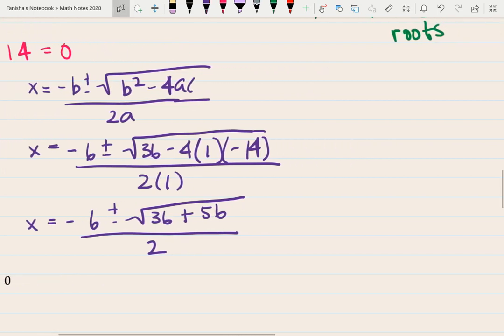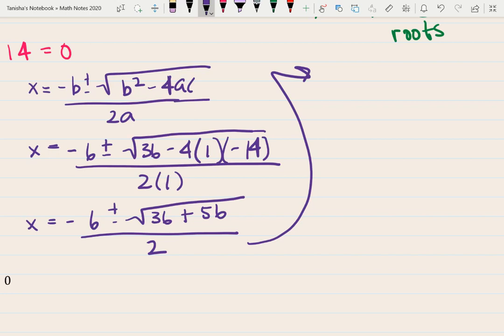And then let me move my work up here. So we have x equals -6 plus or minus 36 plus 56 is equal to 92 all over 2.